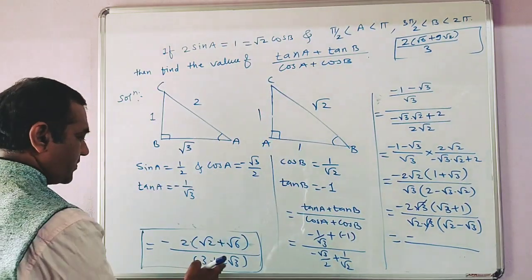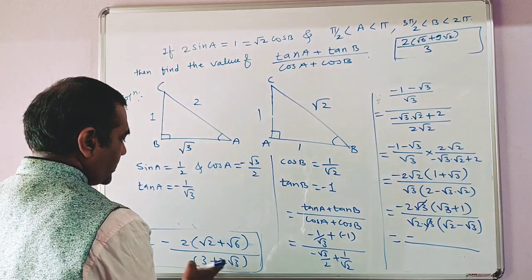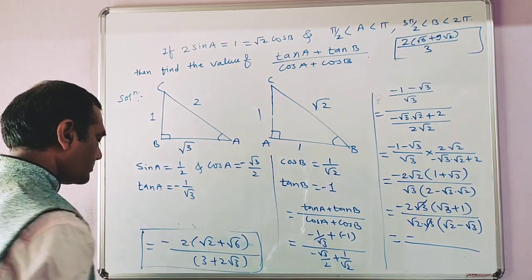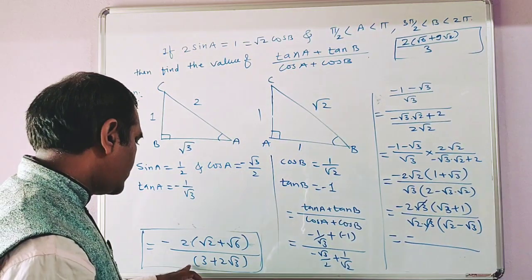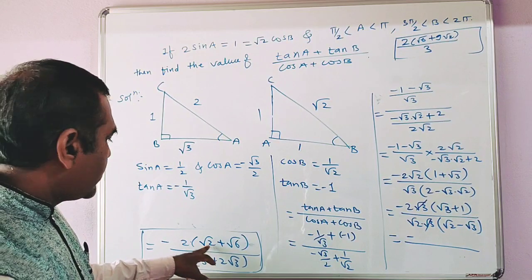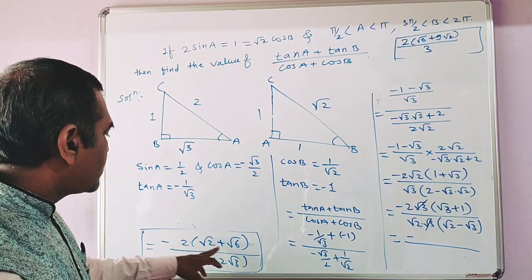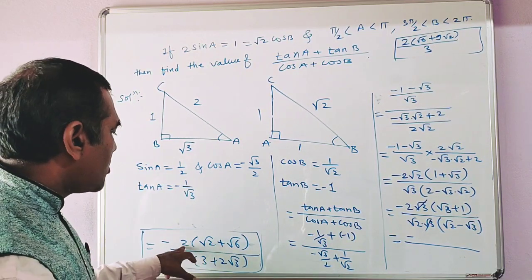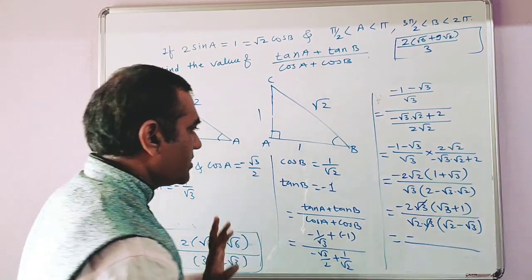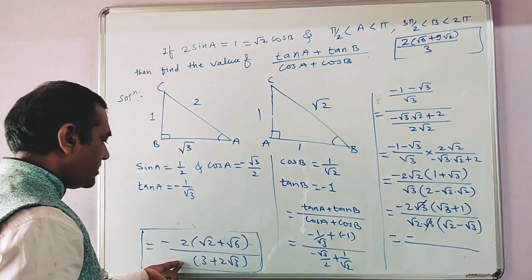See this one. If we take out common root 3 here and root 3 here, the answers are the same. Minus 2 in bracket root 3 plus 1, root 3 plus 1, root 2 common. If we take out root 2 common here, then this will be root 3 minus 1, and root 3 is common. Yes, correct.